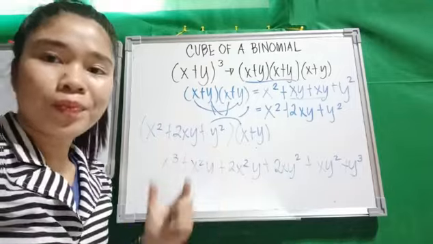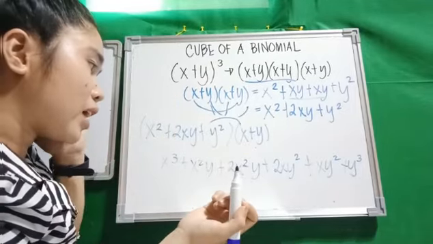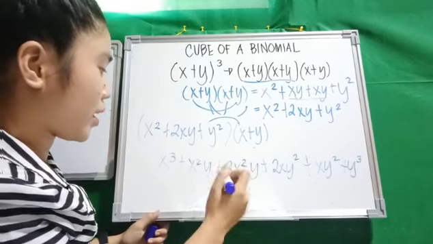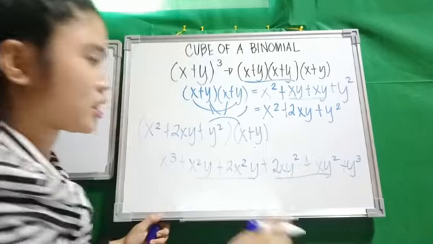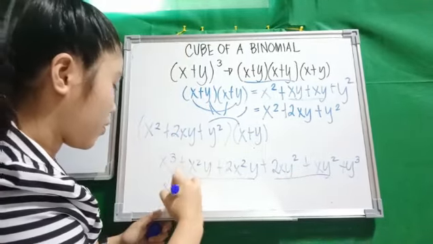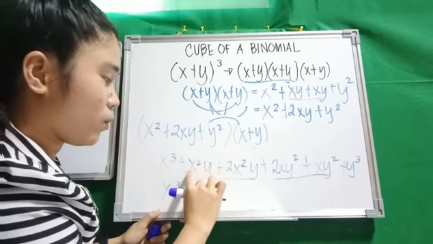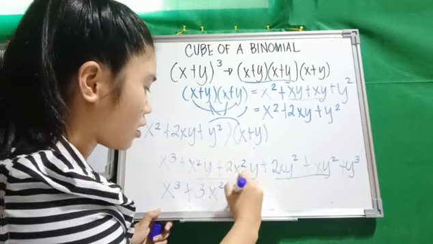So, after nyan, mag-combine the like terms ulit tayo. So, ano ba yung may parehas na terms dyan? So, ito, tama. So, ito, magkaparehas yan. Then, ito rin, magkaparehas. So, i-add lang natin sila. So, we have now x cubed plus, eto may invisible 1 tayo dito, so magiging 3x squared y.